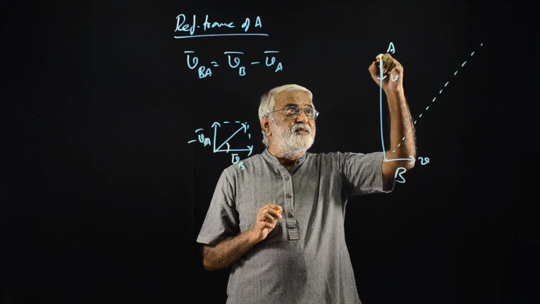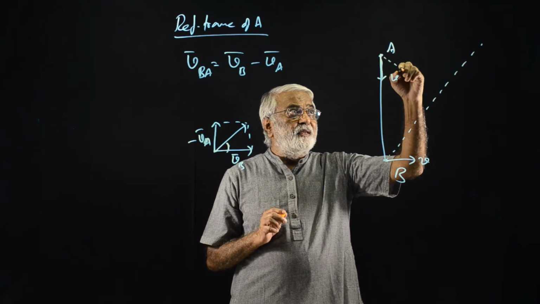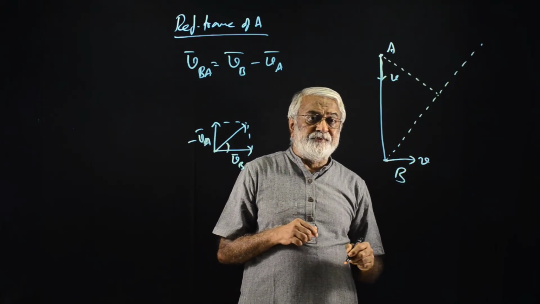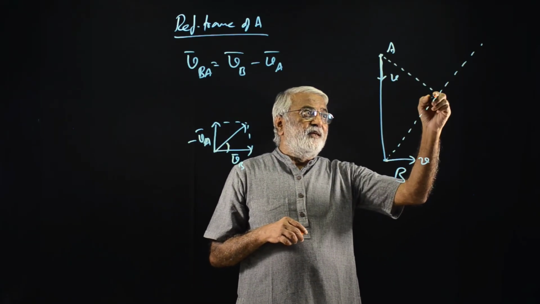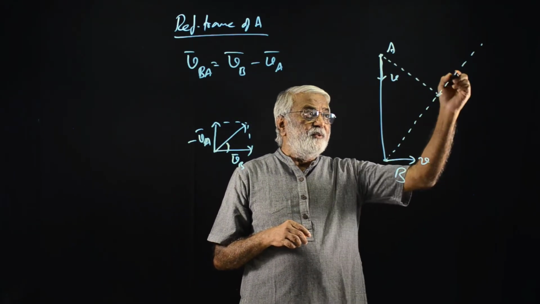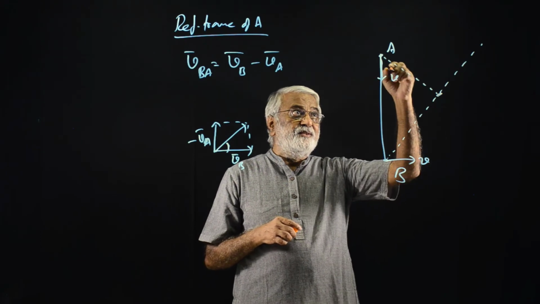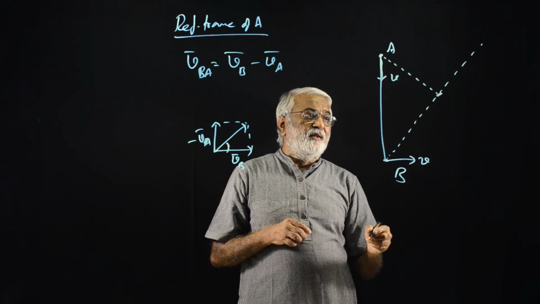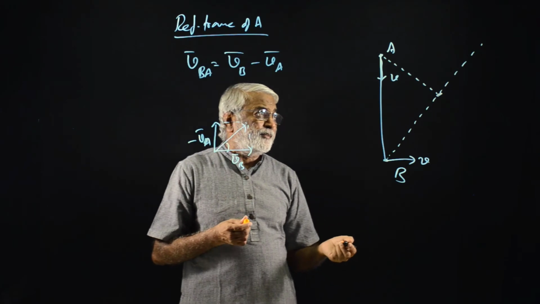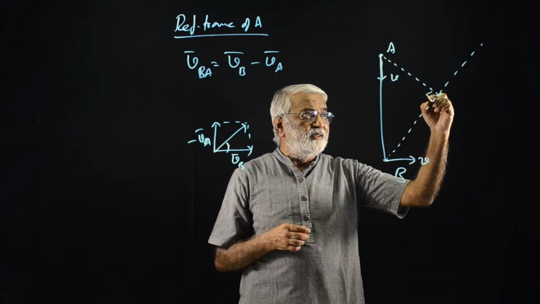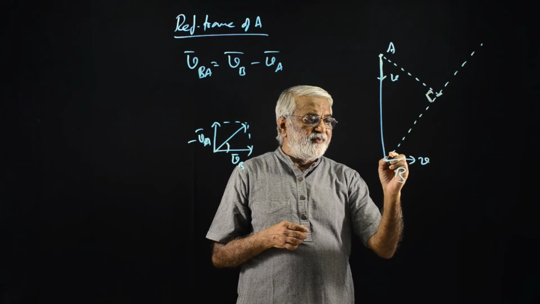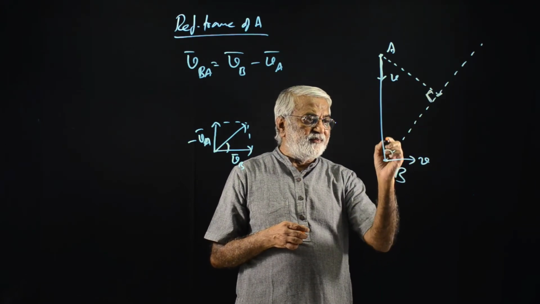So A is at rest. The minimum distance is when you drop a perpendicular. This is the line of motion, only B is moving here, right? A is at rest, so the minimum distance is this. This is D, this angle is 90, and this is 45, this is 45.